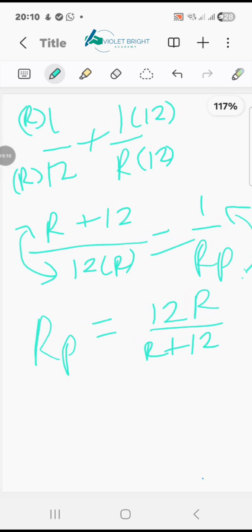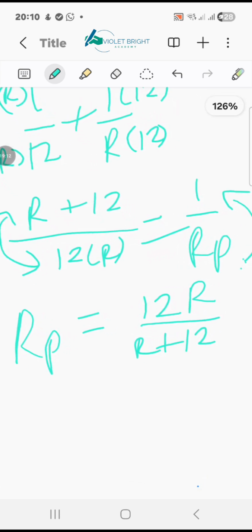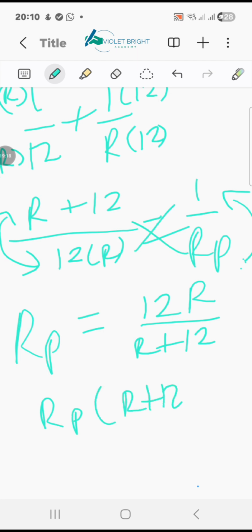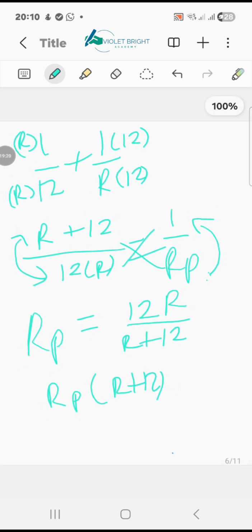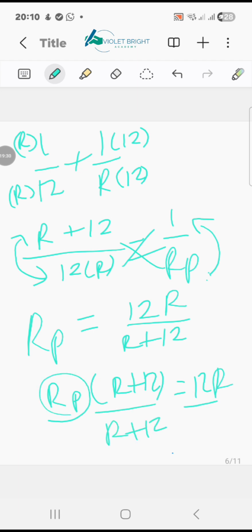It's rp times 12r... this will be equal to 1 times 12r. Because we're looking for this, we divide by 12r on this side also, and the answer we are left with is 12 over rp, which is this thing.